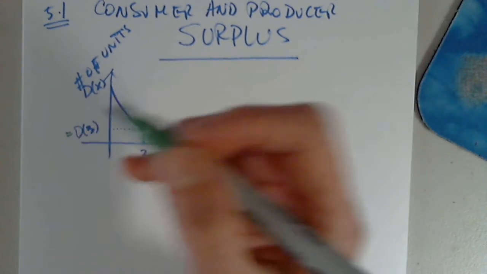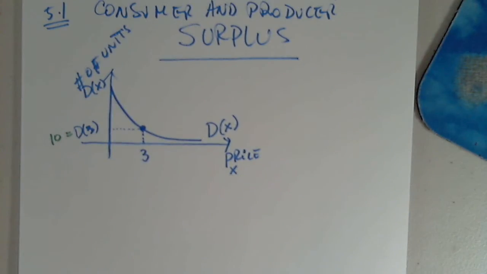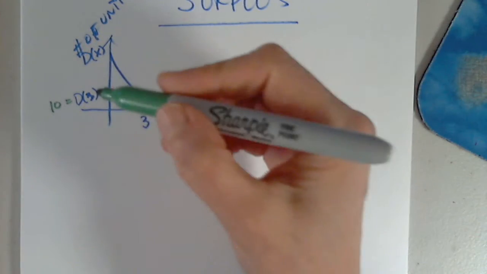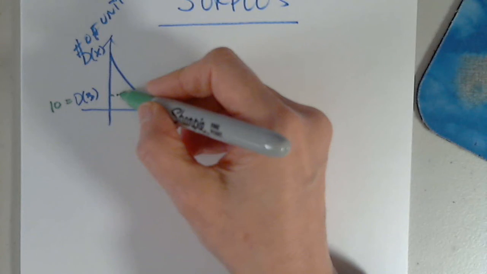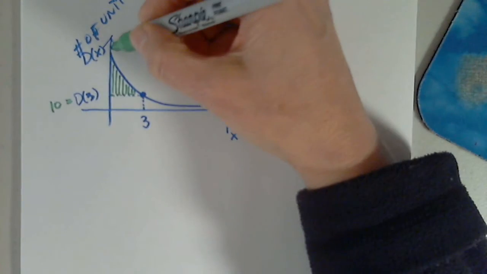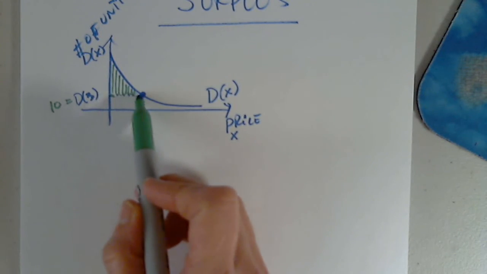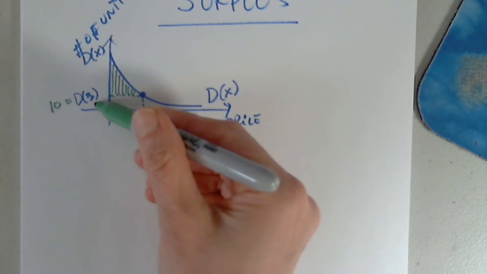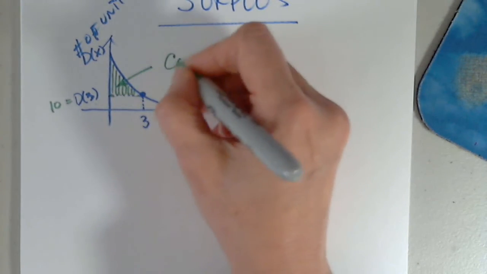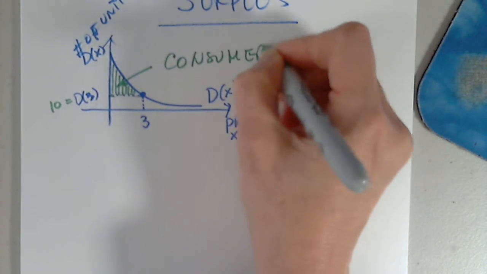Let's say, I'm making up a number, 10 units. So if the price is 3, we're willing to buy 10 units of that product. Okay, so this area right here, between the demand function and the y coordinate of this point, which is D of 3, or 10 if you want, is called the consumer surplus.